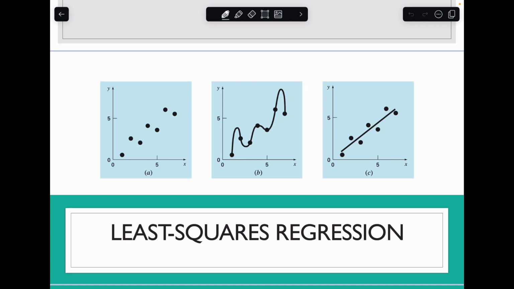Like in this particular figure, let's say I want to determine the value of y, given that x is approximately 8. I would just extend this nonlinear line, and that is how I would predict future values.